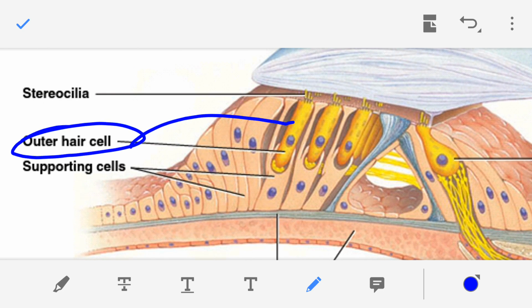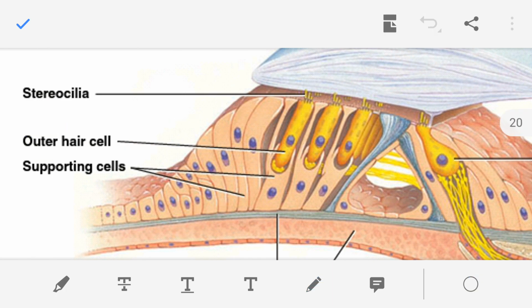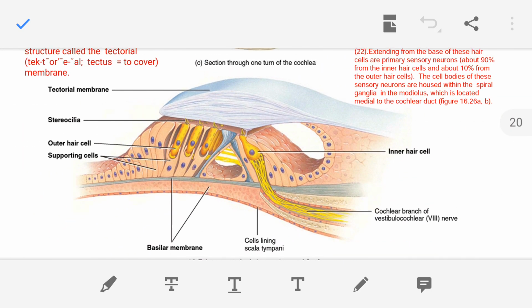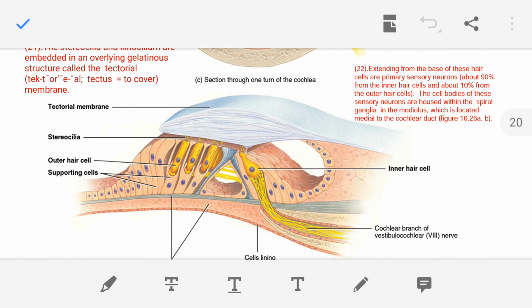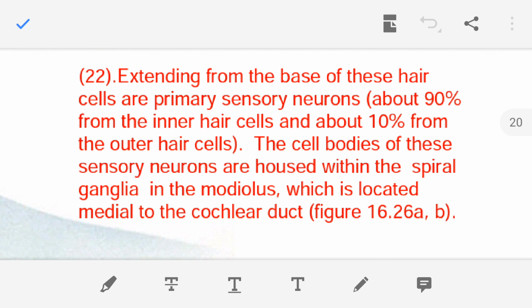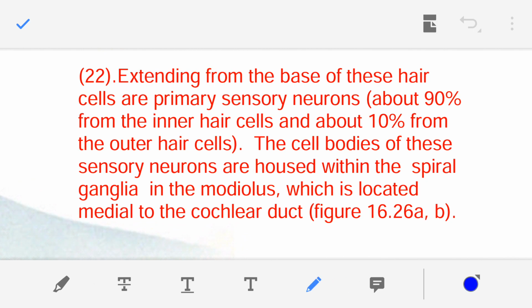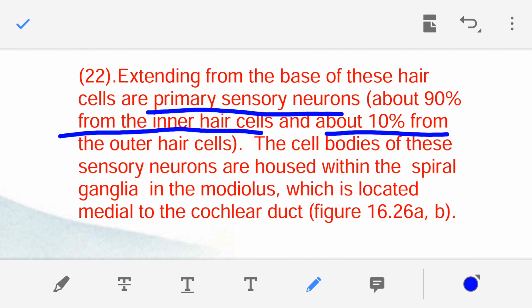Over here also, in this figure also, outer hair cells are shown. These are all outer hair cells, and here you can see the primary sensory neurons, they are synapsing. So about 90% of primary sensory neurons are from the inner hair cell and about 10% from the outer hair cell.